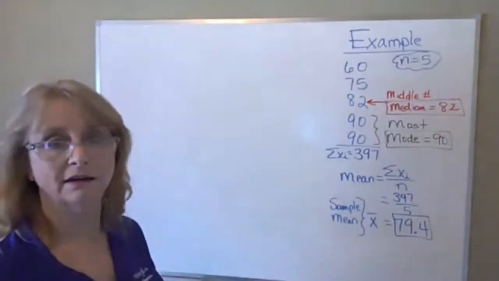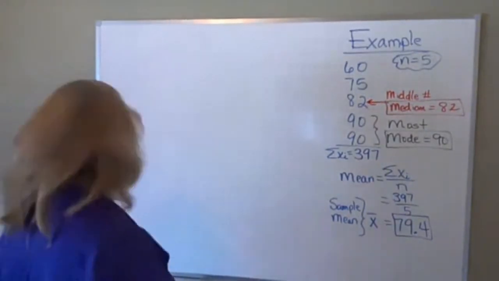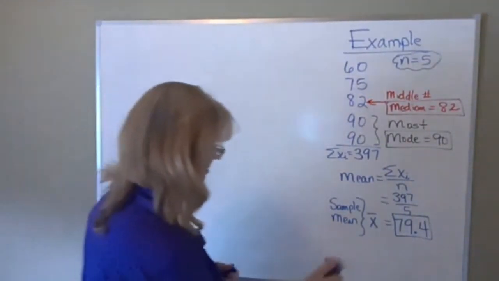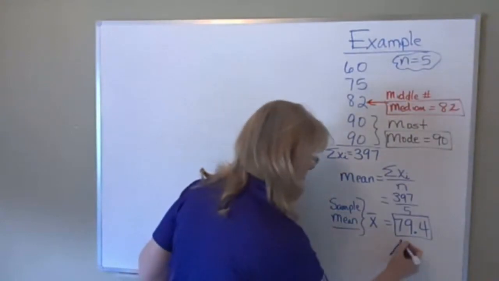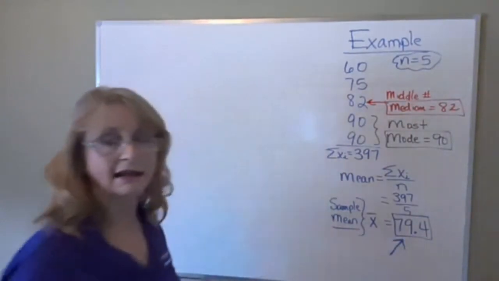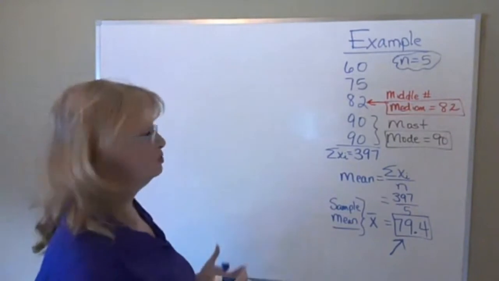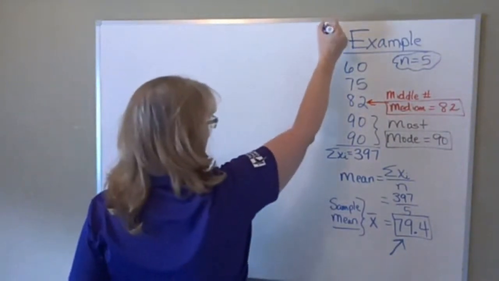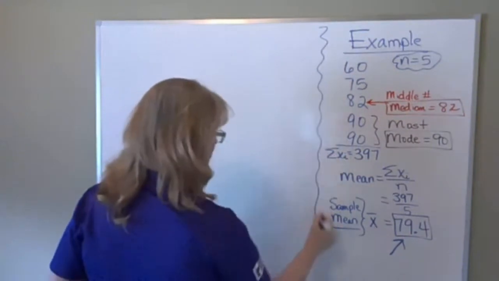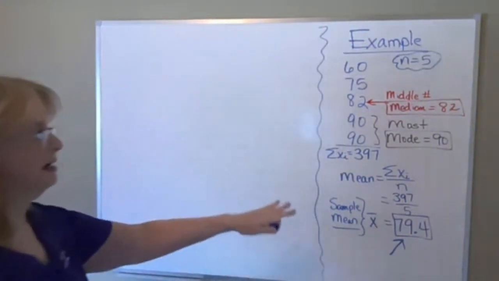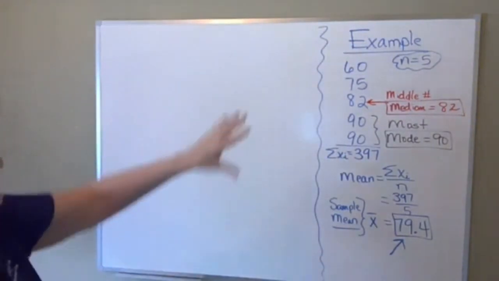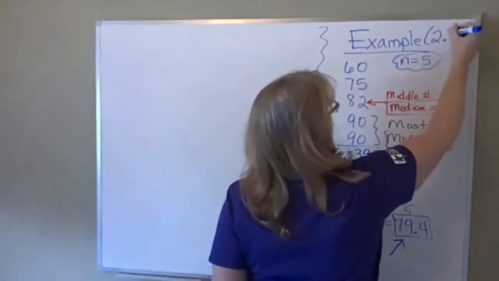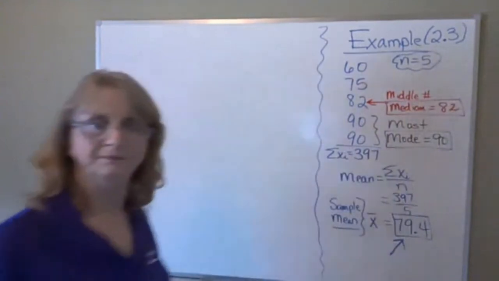I'm going to leave that up there because we're going to need the mean down here. This mean, we're going to need that in order to do some of the measures of variation. I'm going to draw this. It's going to reduce my space over here, but that gives you that example. This is from the stuff we did in 2.3.